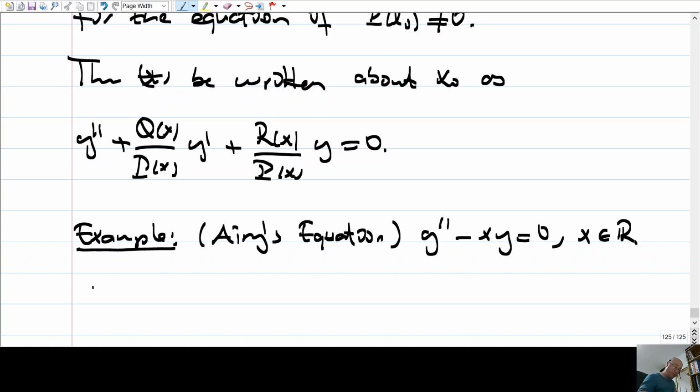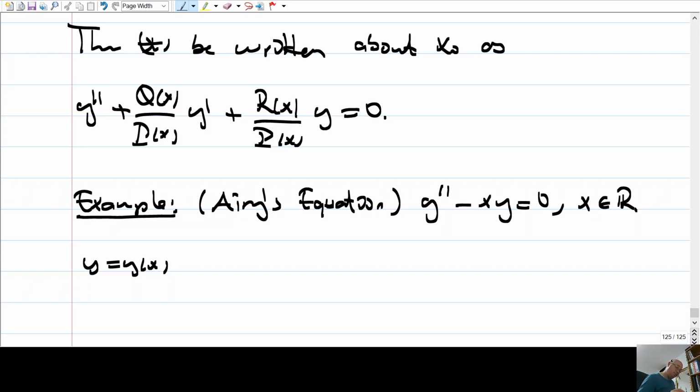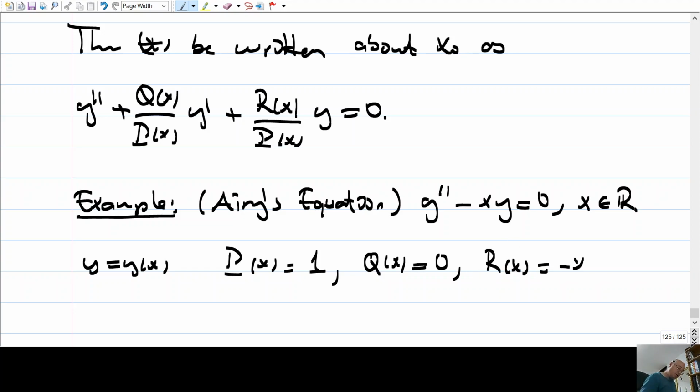So y is a function of x and x is a real variable. Here, what is p(x)? p(x) is just the constant function 1. q(x) is the constant function 0. There is no y' term. And r(x) is the polynomial minus x. These are all, of course, analytic functions. They are convergent power series, and the radius of convergence of each of them is infinite.